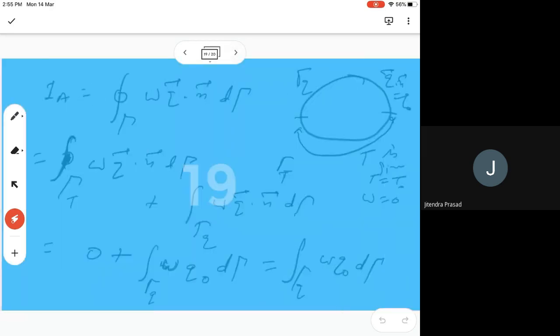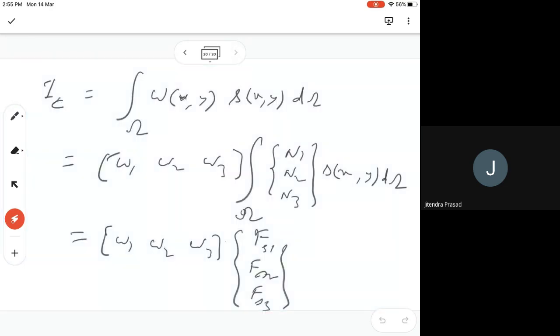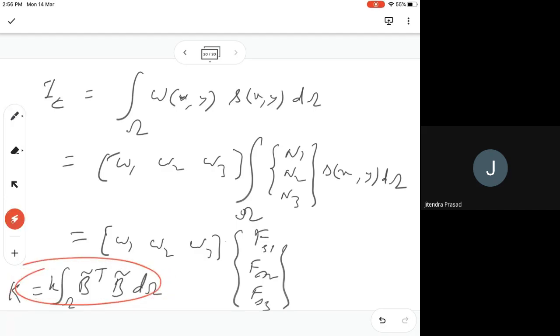So your stiffness matrix is nothing but, from here we find that K is equal to the integral over omega of small k, the conductivity, times B transpose B d omega. So if you calculate this one, you can get the stiffness matrix.